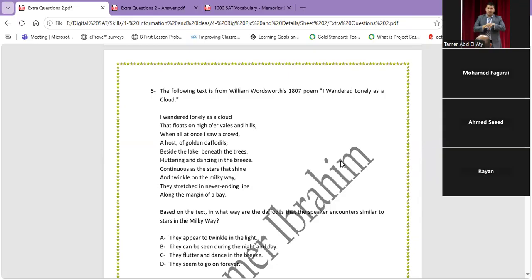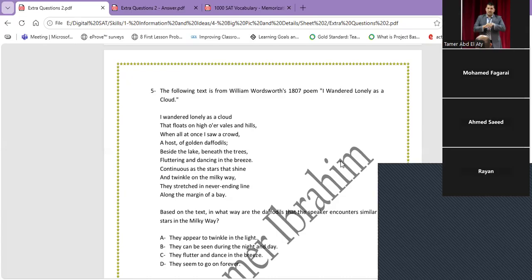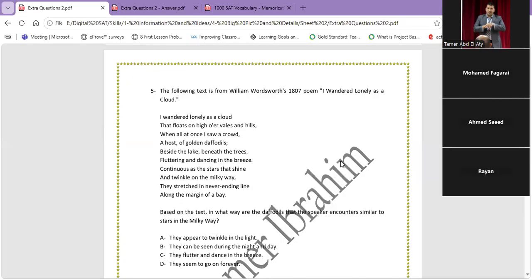Okay. Some people start solving. I got the answer from Ghina, from Rahaf. We're solving number 5. From Ahmed Saeed, from Sherry, from Ali Morsi, from Ryan.